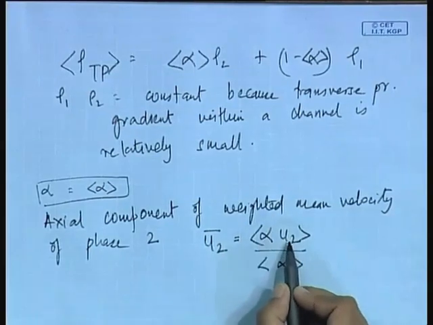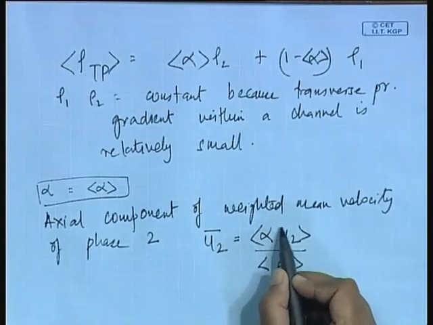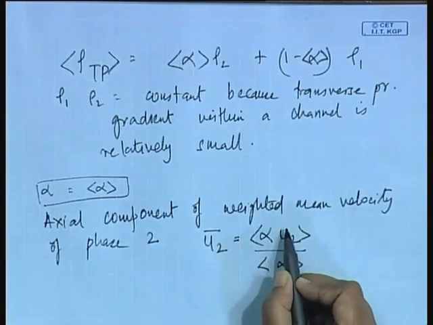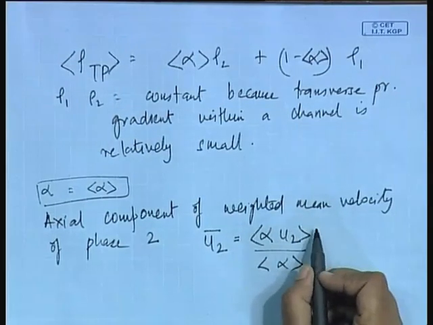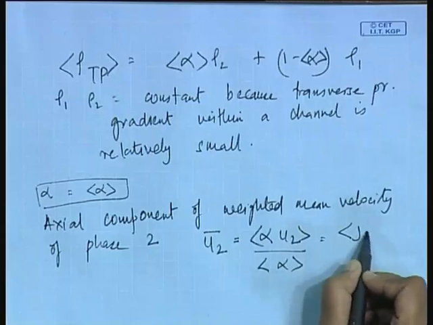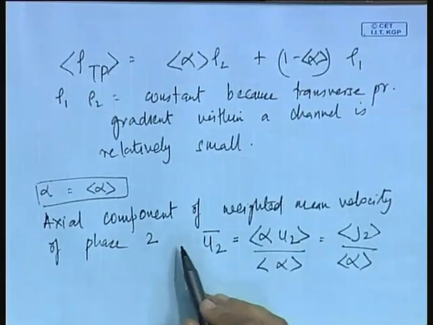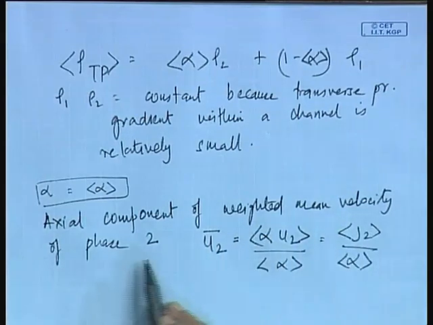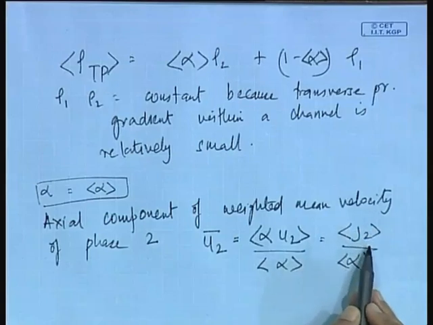Now, we know what alpha U2 is equal to. This is the void fraction multiplied by the in situ velocity of component 2. So, therefore, this gives you J2. So, therefore, please remember that the axial component of the weighted mean velocity of phase 2, U2 bar, is the average J2 divided by the average alpha.